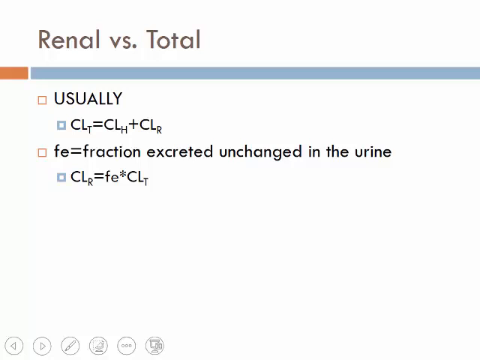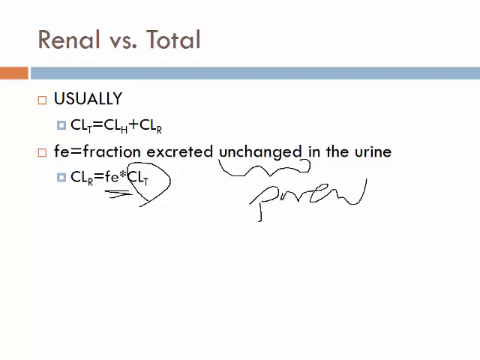And here's how, if we know the fraction that is excreted unchanged in the urine, which we symbolize as Fe, F little e, we can determine renal clearance if we multiply our total body clearance by the fraction that is excreted unchanged in the urine, because drug that is unchanged is parent drug.